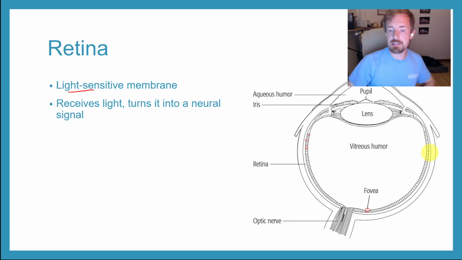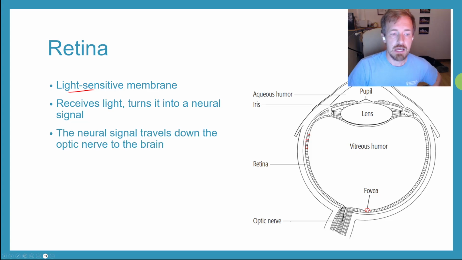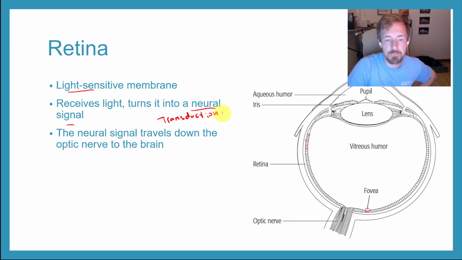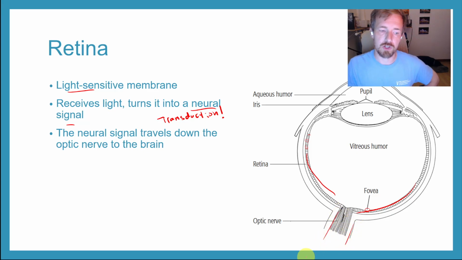It's only these parts of our eye, those photoreceptors. They receive light and they turn it into a neural signal. We call that process transduction. So transduction is when these cells are going to convert the presence of that light into an action potential, into a neural signal that can then be sent down these different pathways and make it to the occipital lobe and the brain.